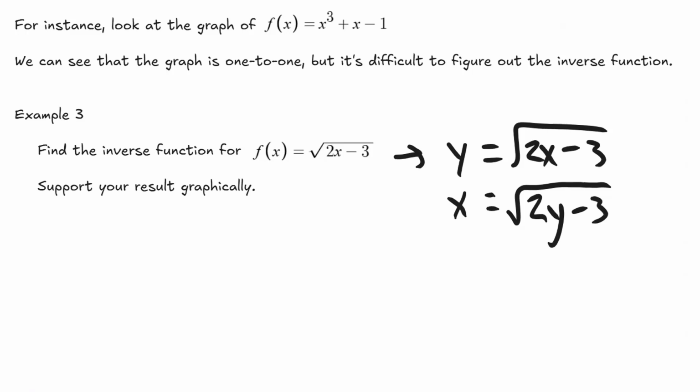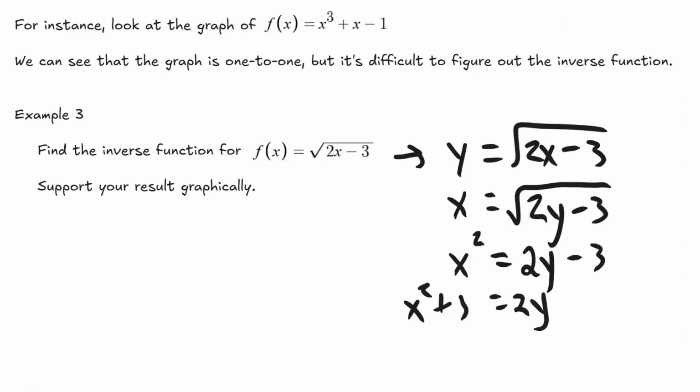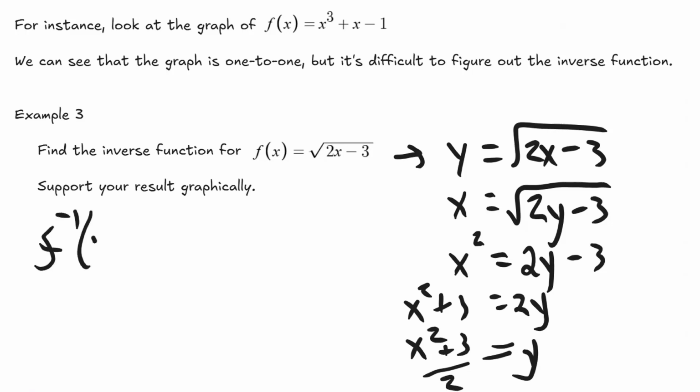And then square both sides. x squared equals 2y minus 3. Then solve by adding 3. So x squared plus 3 equals 2y. And then divide by 2. So y equals (x squared plus 3) over 2. And then you can rewrite using inverse notation. So f inverse of x would equal (x squared plus 3) over 2.